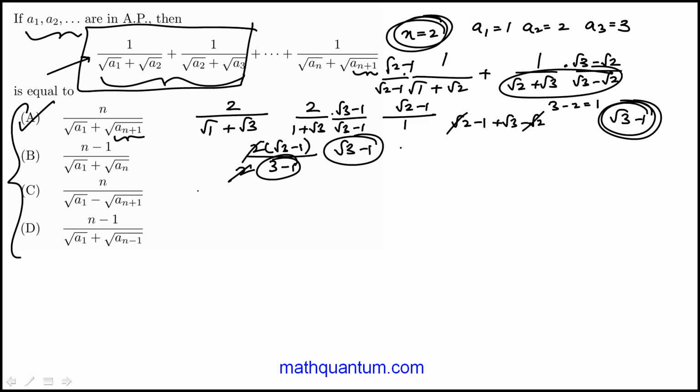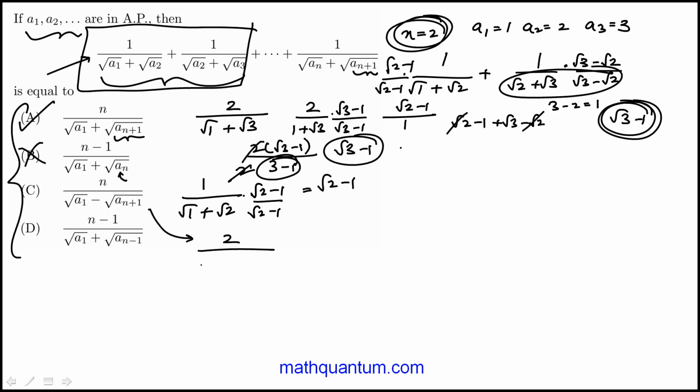And minus 1, that would be n is 2. So that becomes 1 over square root of a1. And then this will be a2, which is square root of 2. Clearly, that's not going to work out here, because it would be just root 2 minus 1. So that one is out. This one is n is 2, a1 is 1, minus root 3.